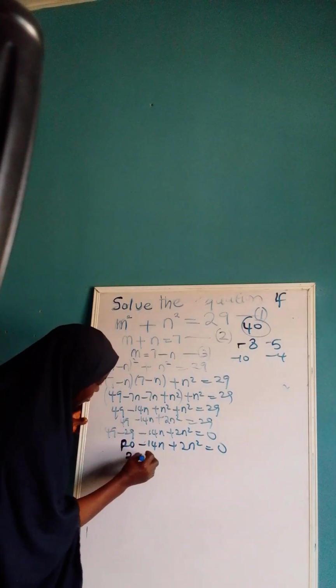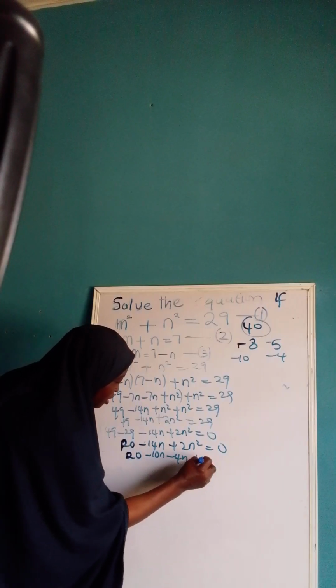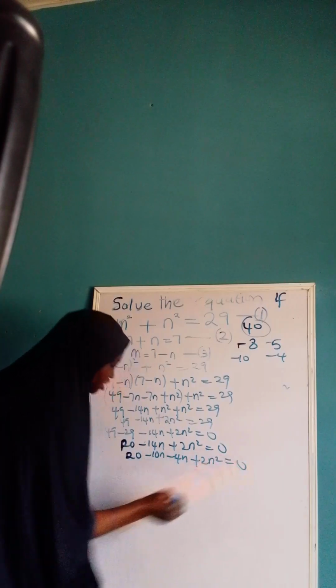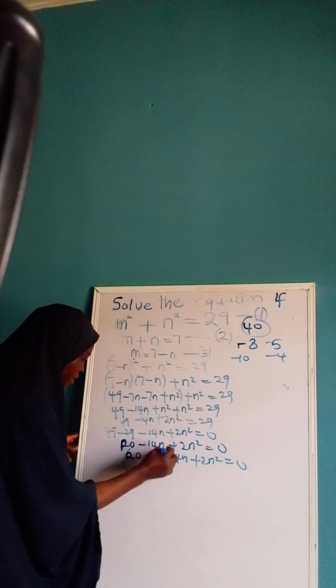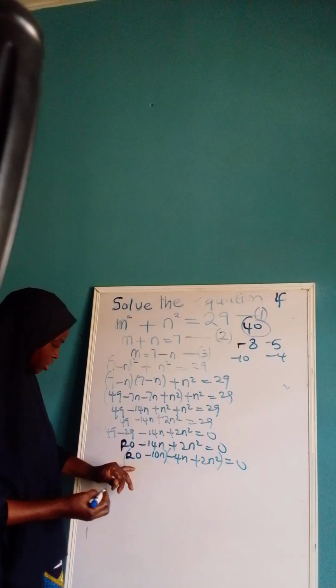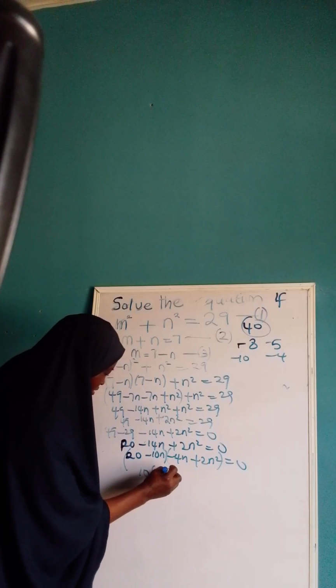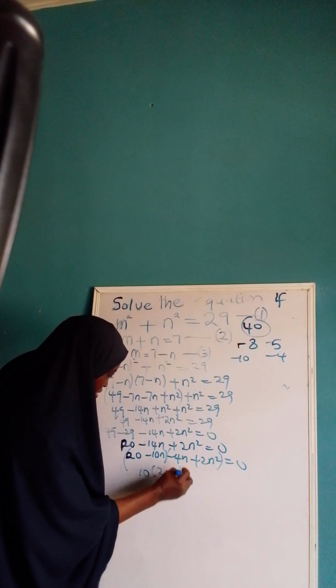So let's say 20 minus 10n minus 4n plus 2n squared is equal to 0. Now just put your brackets like this. What is common here is 10, so 10 into 2 minus n.